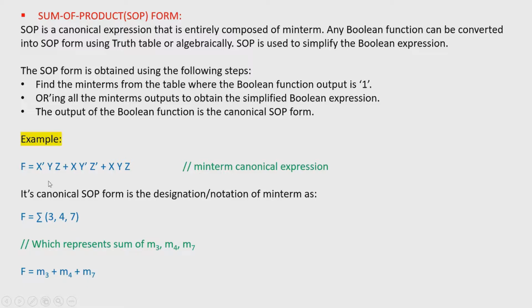So in the truth table, x complement y z represents 3. Right, so it can also be represented as the sum of the minterm notation, that is m3, m4, m7. So this can be written in this format also, it can be written in this format also, so both are same. Right, so this is the minterm canonical expression or the canonical SOP form.